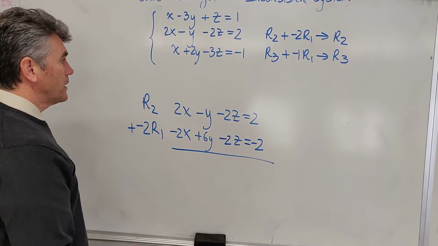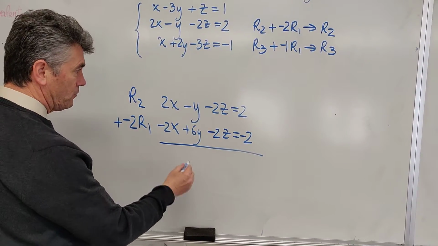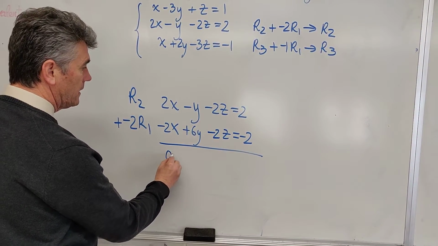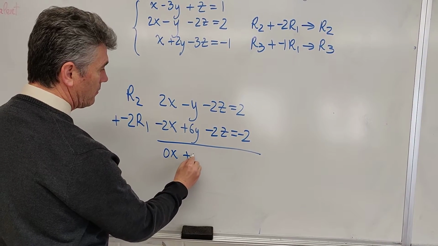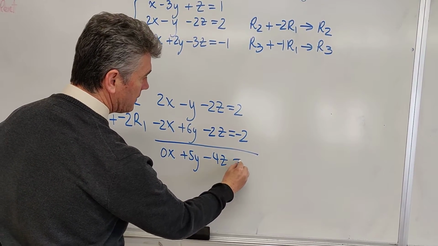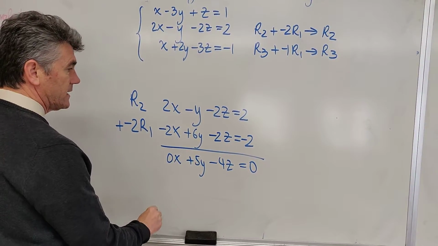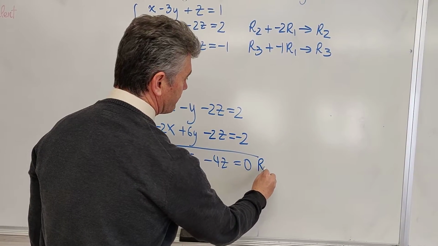Let's check just to make sure. Negative 2x plus 6y minus 2z equals negative 2 is correct. Let's add: 0x plus 5y minus 4z is equal to 0. So this is our new row 2.